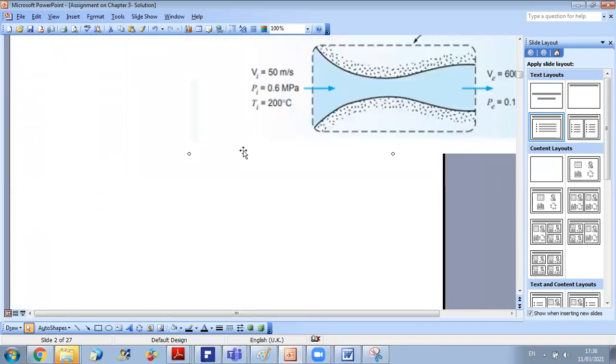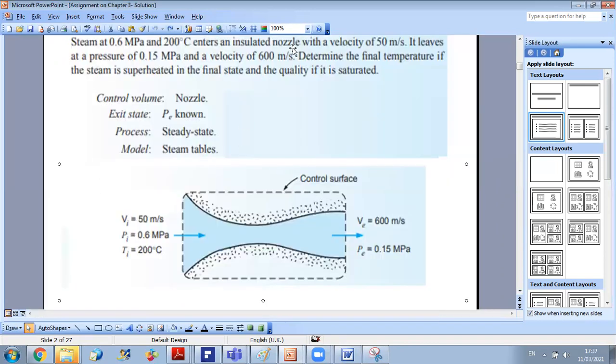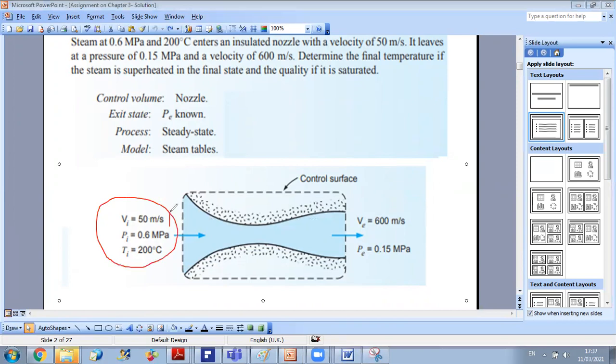So the inlet state is completely defined. We know everything about the inlet, and we will see together that if we know just two properties, we can find all the others, meaning we can find the enthalpy, the entropy, whatever is needed for our analysis.